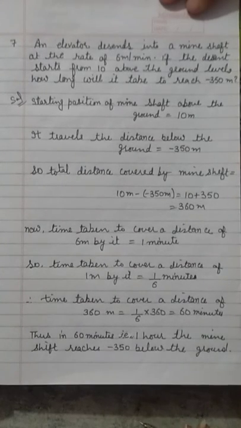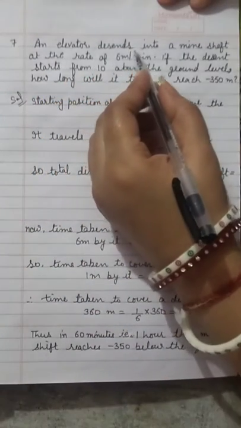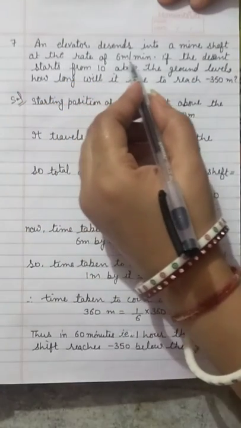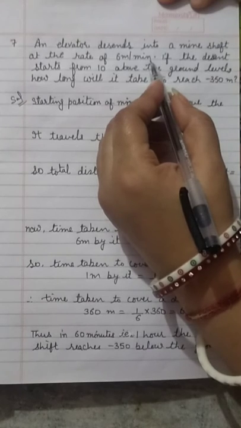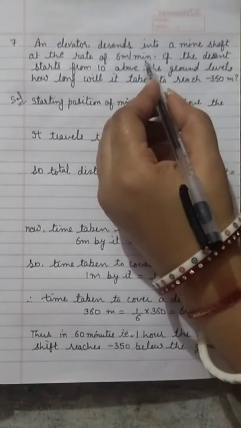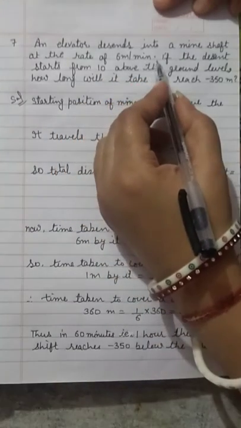The next question, number 7, is: an elevator descends into a mine shaft at the rate of 6 meter per minute. There is one elevator going down at a rate of 6 meter per minute.